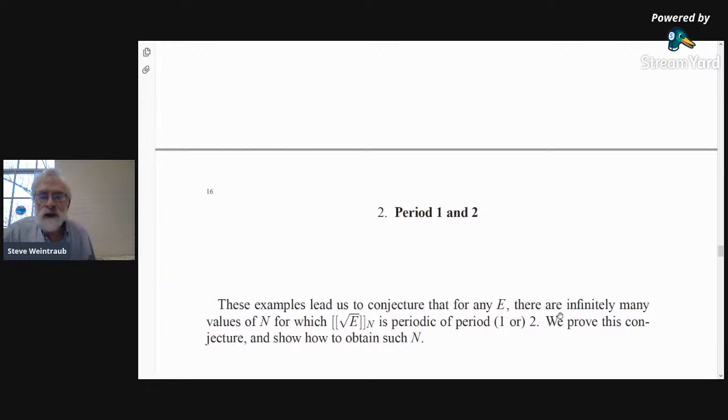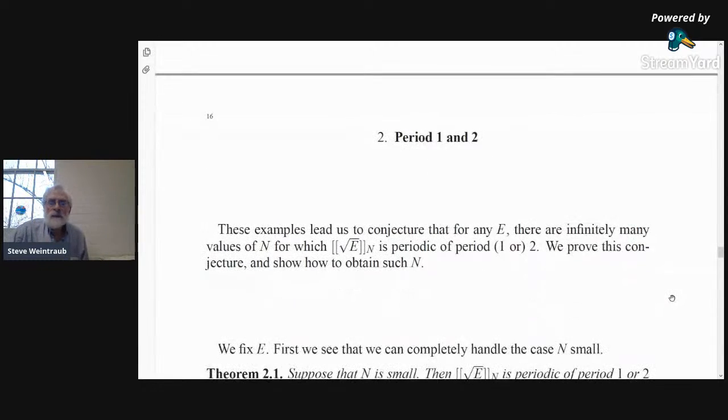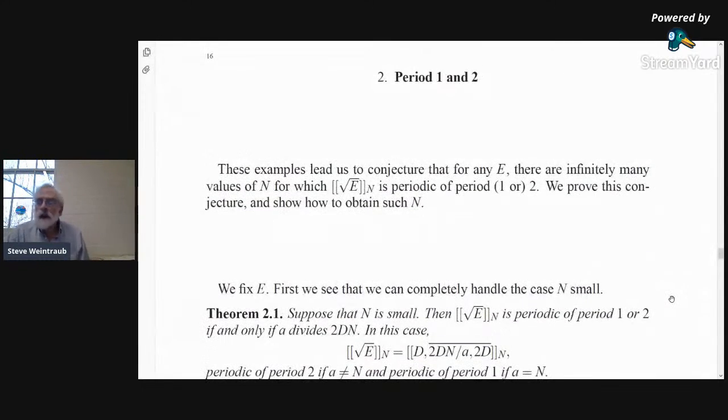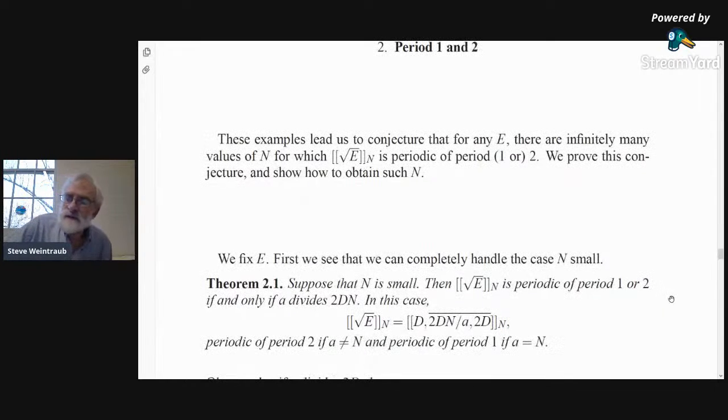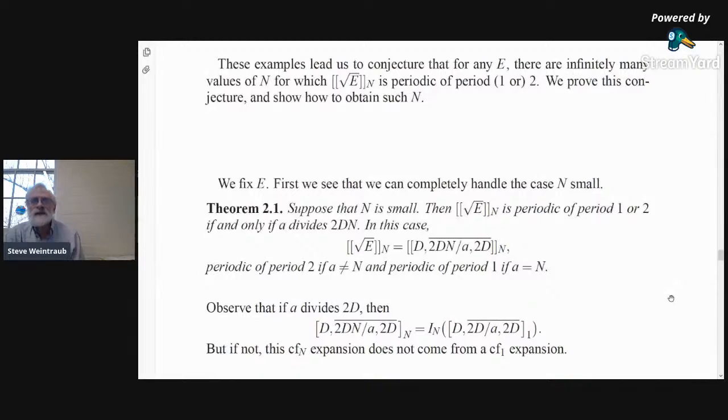Okay, the first thing we're going to do is think about what happens with capital N small. Of course, for any value of E, there are only finitely many values of capital N small, but it's interesting to investigate that case here, and here we can answer the question exactly.